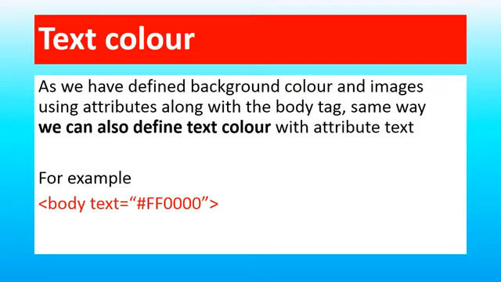For defining the background color, we wrote in the body tag an attribute called bgcolor equal to the value, that is the name of any color or hexadecimal of any color. In the same way, to define the text color, we have to write body text is equal to the name of the color which we want to use in double quotes. Now I will show you practically also.